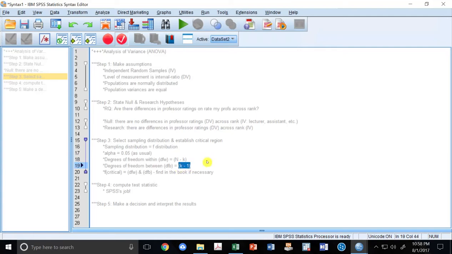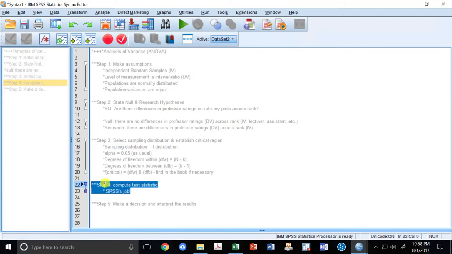And degrees of freedom between is K minus 1, so number of groups in our independent variable minus 1. So if we have 4 groups, our degrees of freedom between is going to be 3. And then we find our F critical by using both our degrees of freedom within and our degrees of freedom between with our book, along with our alpha level.